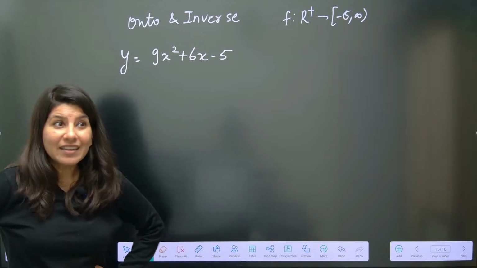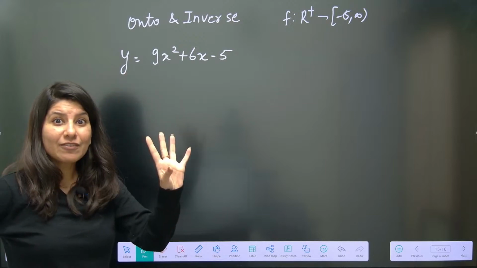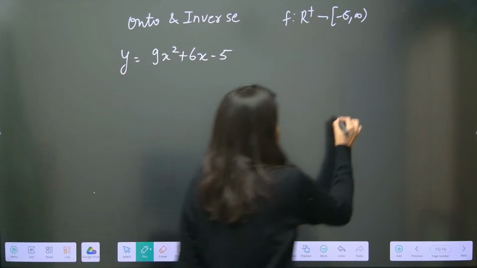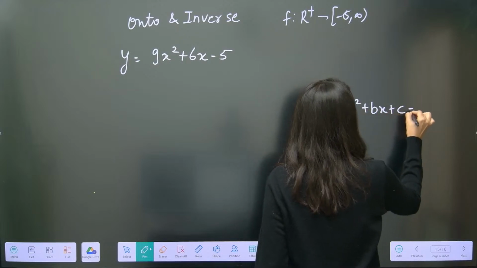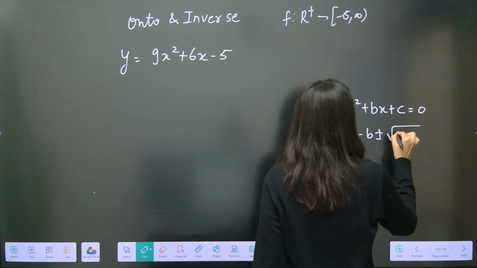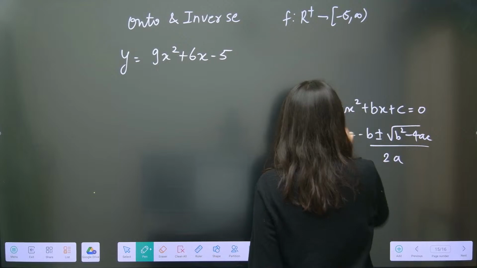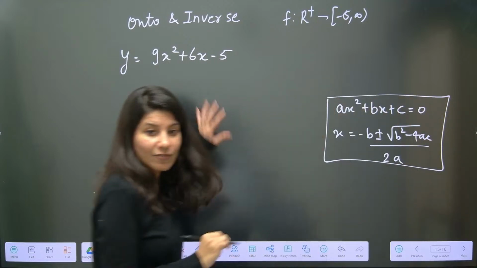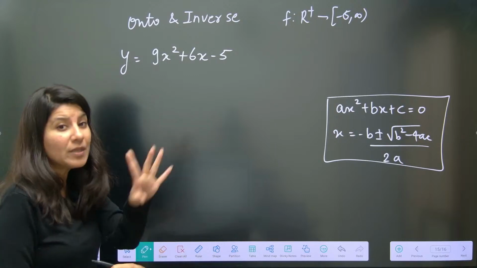Whenever you get a quadratic, remember the quadratic formula. Suppose you have the quadratic equation ax square plus bx plus c equals 0. Then x will be equal to minus b plus minus square root of b square minus 4ac upon 2a. Remember this quadratic formula? I'll use it to find the value of x completely in terms of y. Watch me doing this.